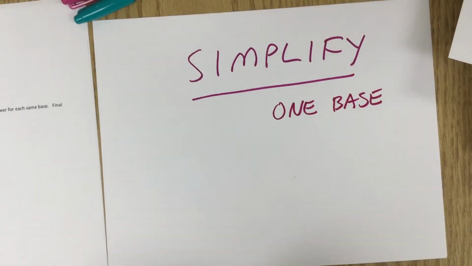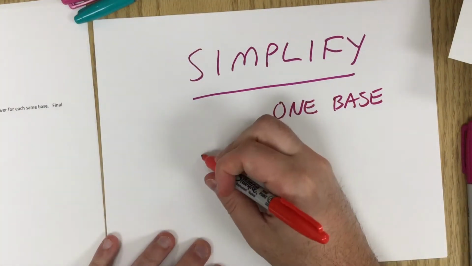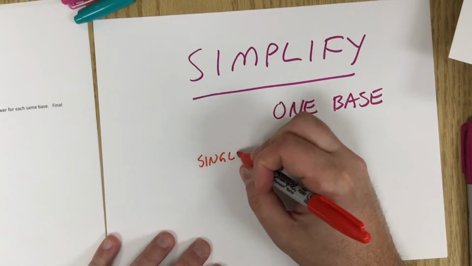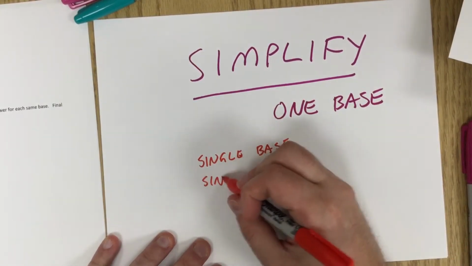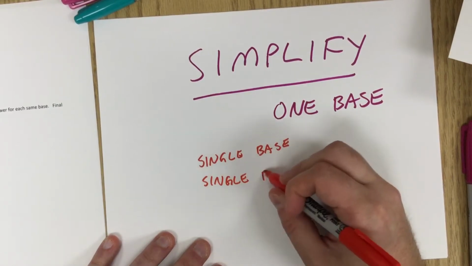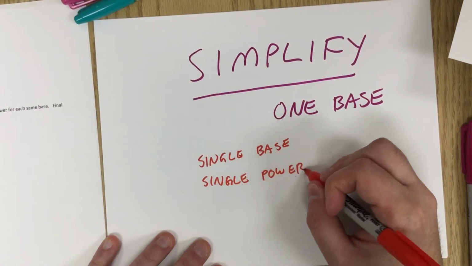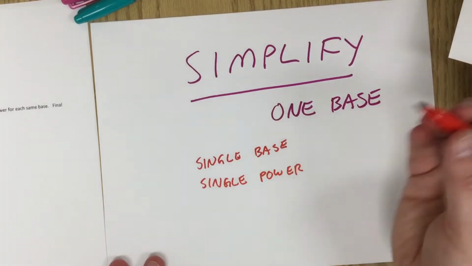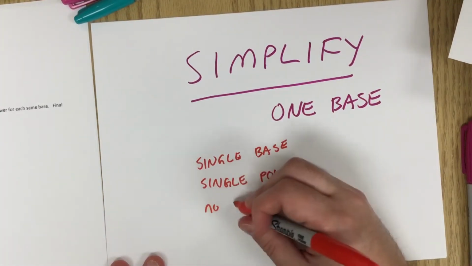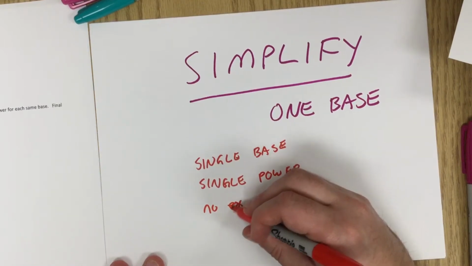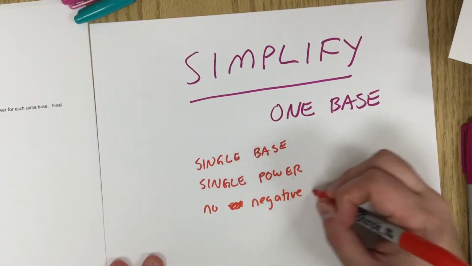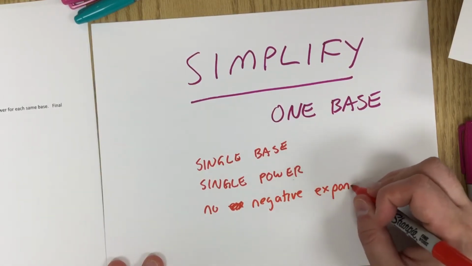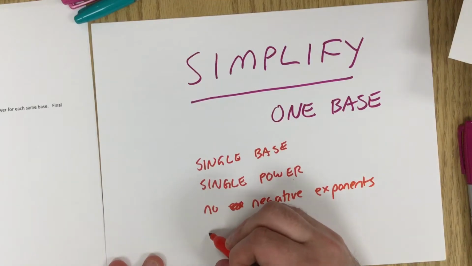You know you're done when you have a single base, a single power, no negative exponents, and you are in radical notation.